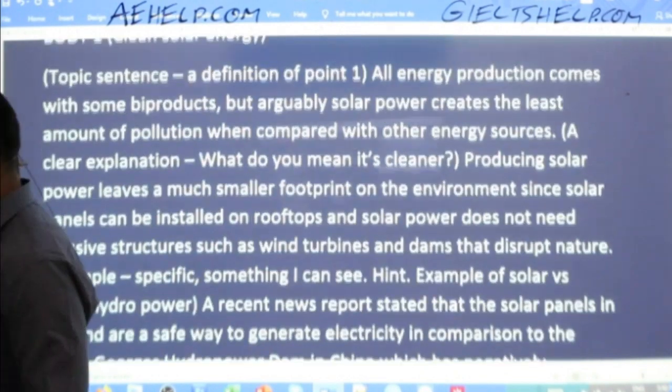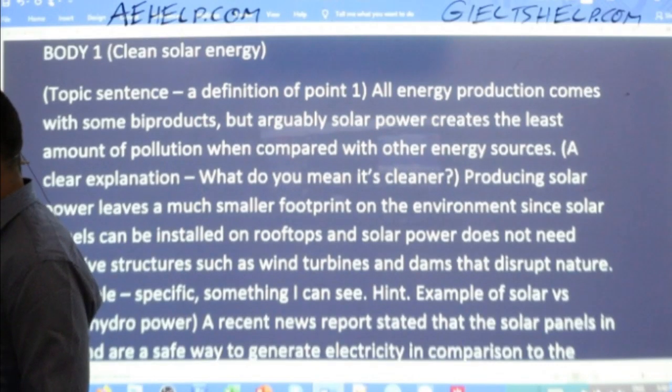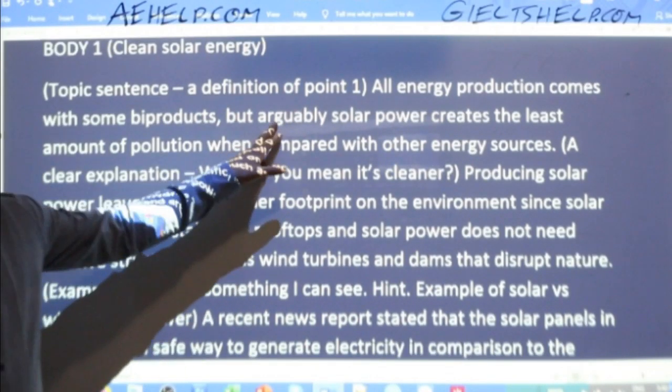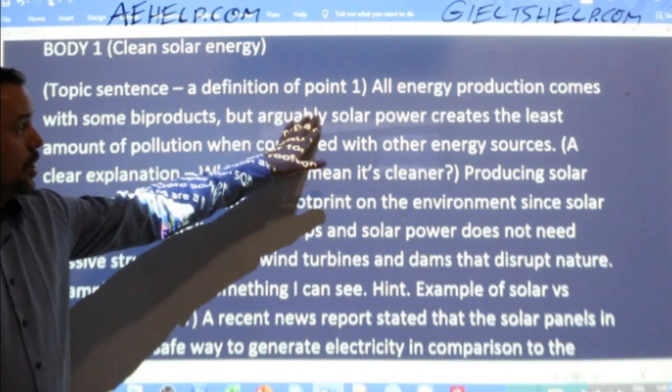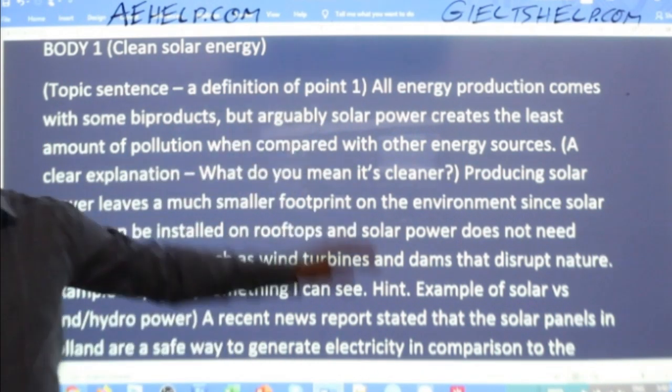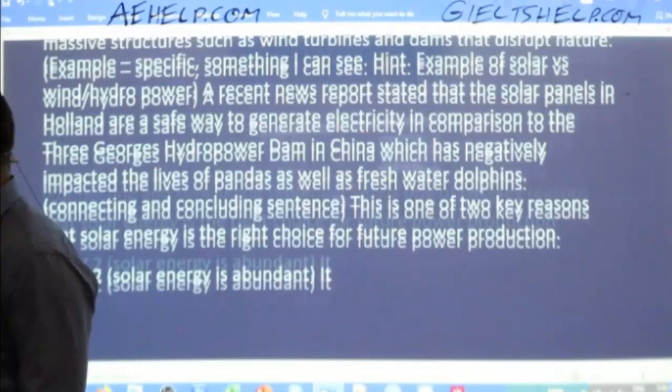So my first sentence here uses the word arguably because I'm arguing. Now, I'm trying not to repeat the word arguably, so I'm going to use a synonym.